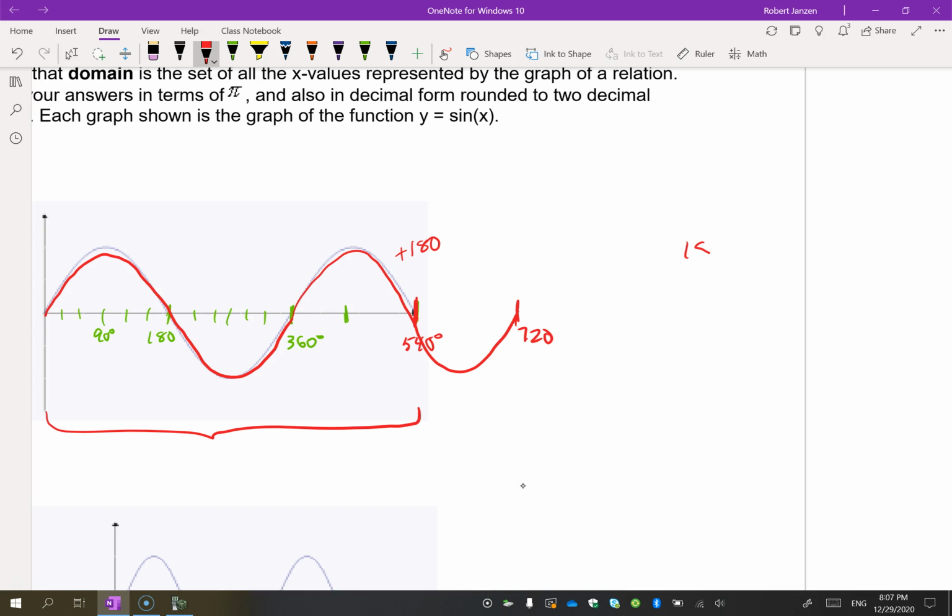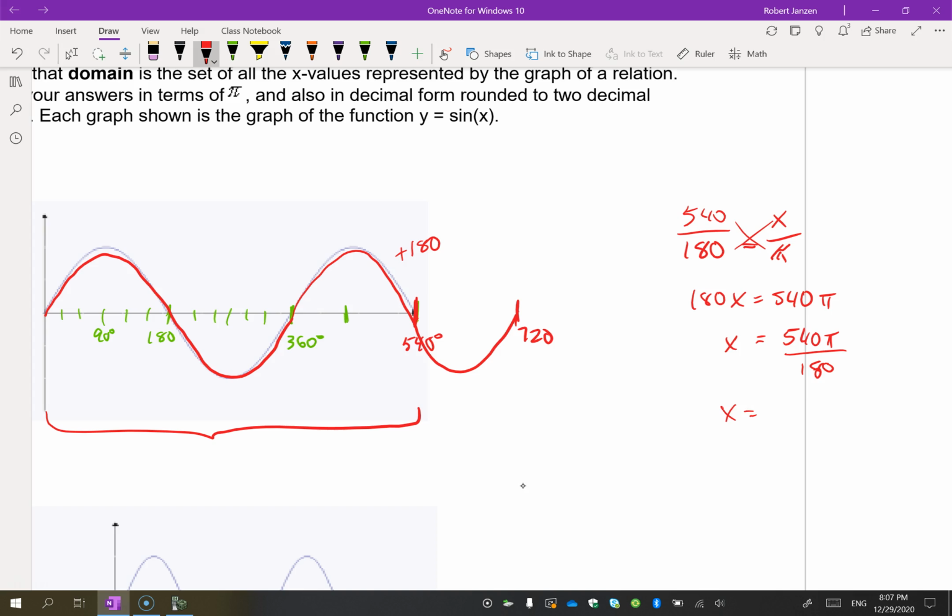Well, we can use our formula, and we want to put 540 here. Figure that out. So we'll cross multiply, get 180x is 540 pi. X is 540 pi divided by 180.